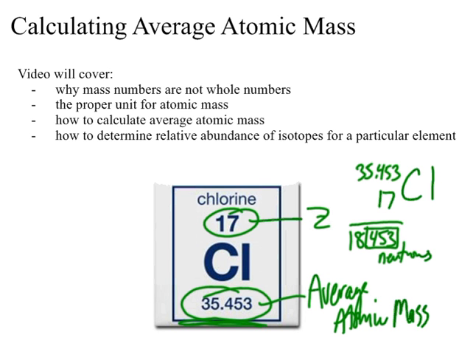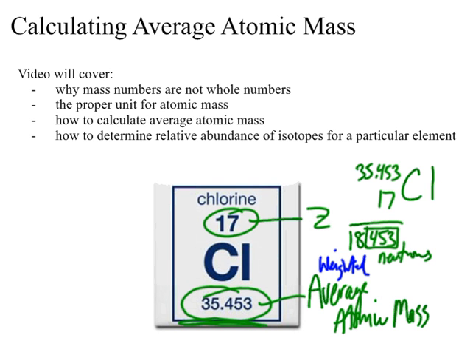Okay, so please don't think that you can end up with fractions or decimals for the number of neutrons. That would be very, very wrong. So that's why the mass numbers are not whole numbers. They're representing an average atomic mass, and just so you know, that average is a weighted average because not all isotopes appear in the same abundance, and we'll talk about that soon.